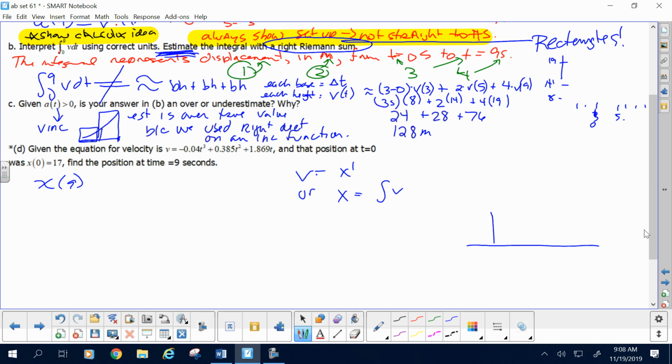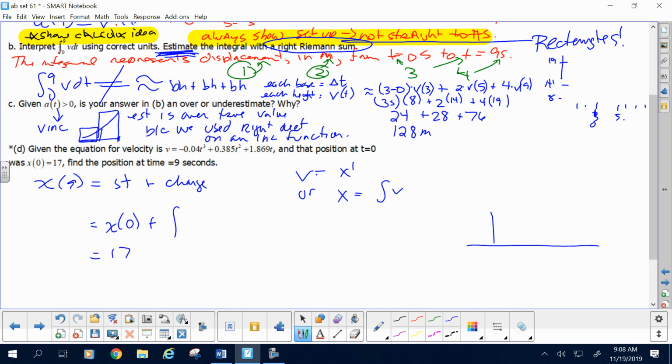Question is, how do I do it? 17 plus the... Okay. So we talked last week a lot about how when you have a rate of change, you can find amount by taking start plus change, yeah? What's the starting position? 17.